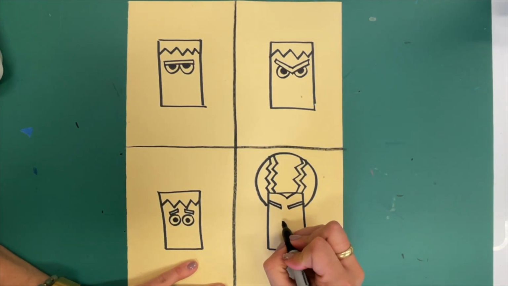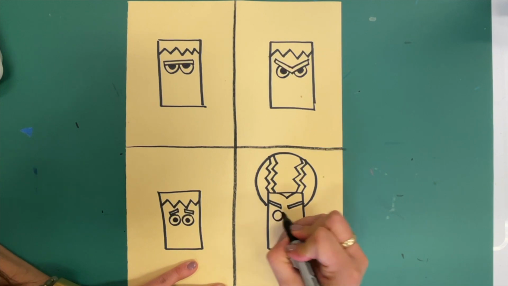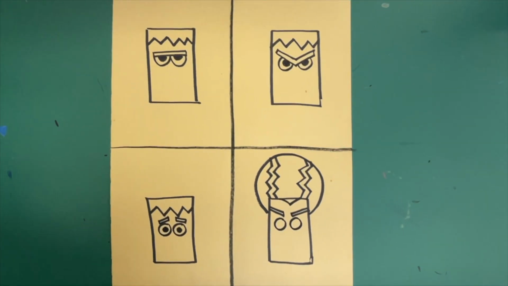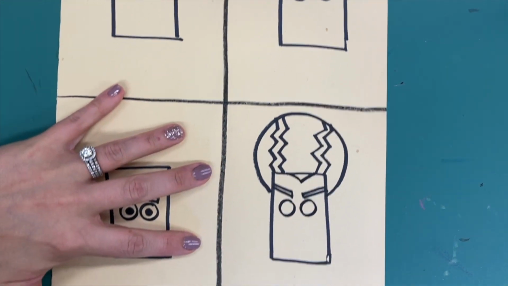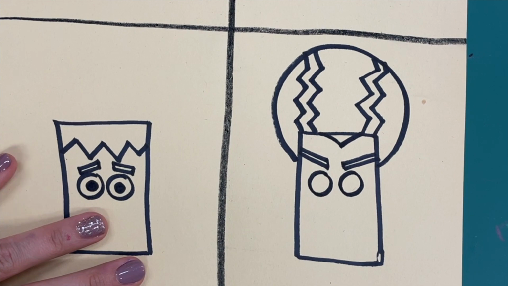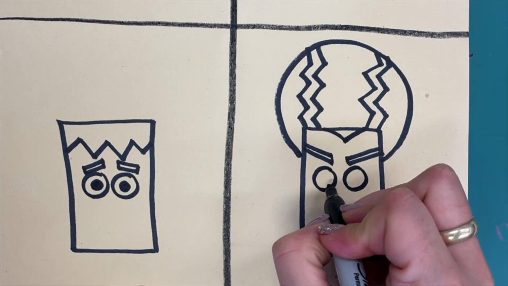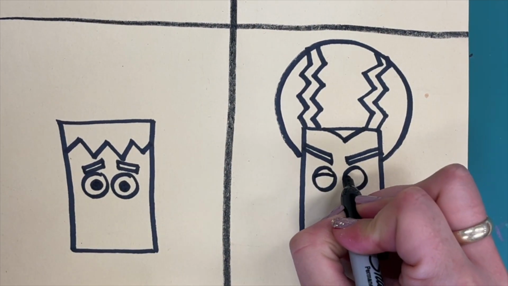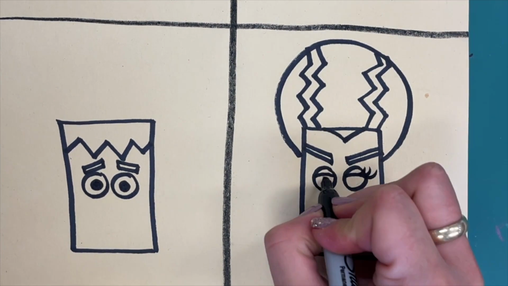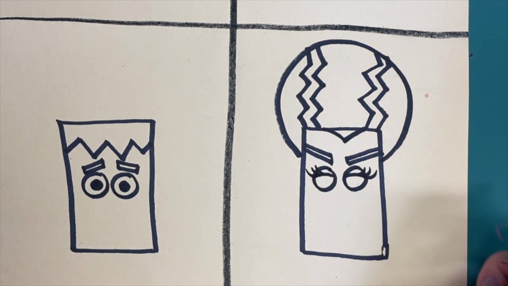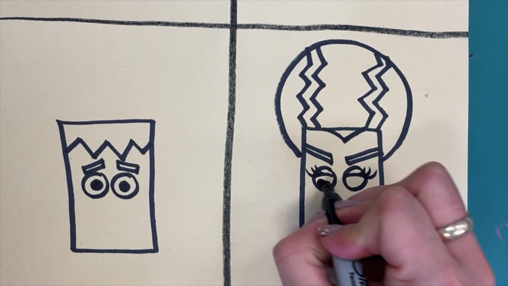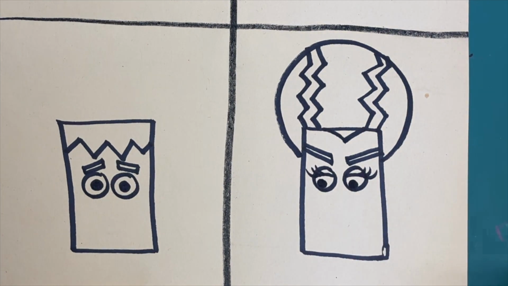And I'm going to give her 2 big eyes. I'm going to do some small eyelids there and eyelashes. And wherever I want to place the eyes, maybe she's looking to the side here.